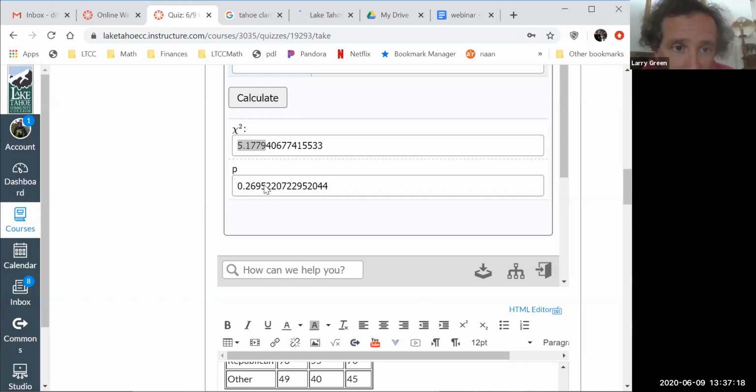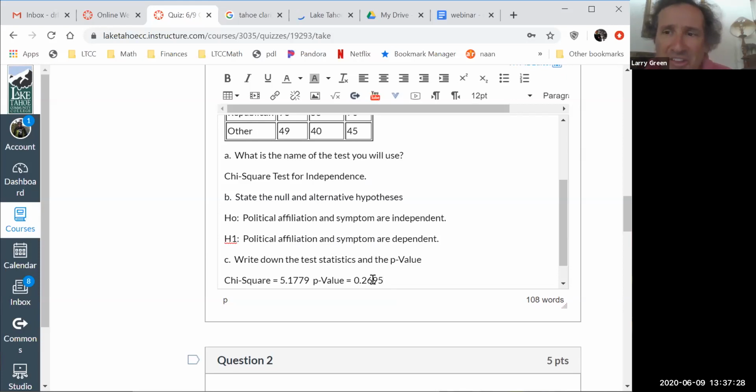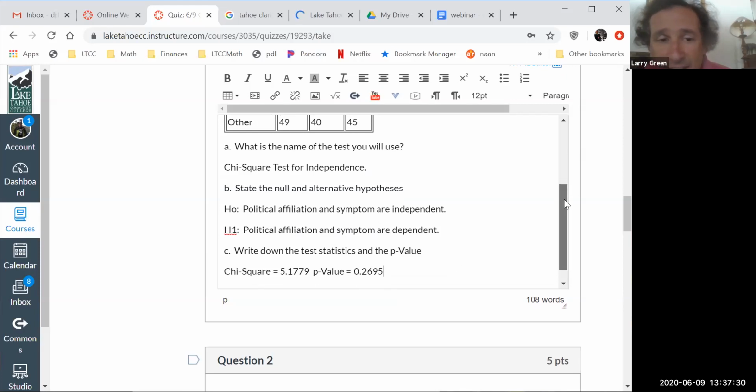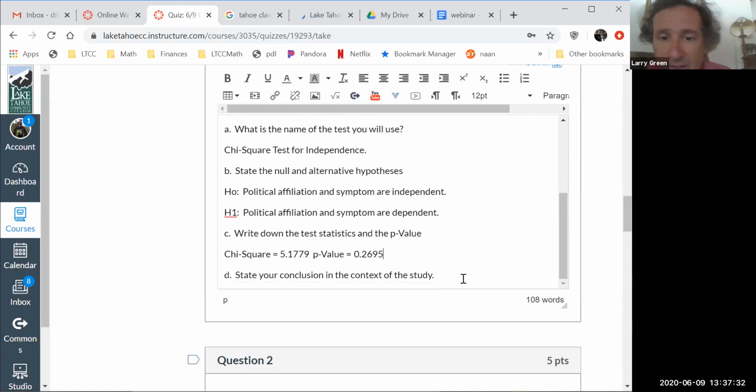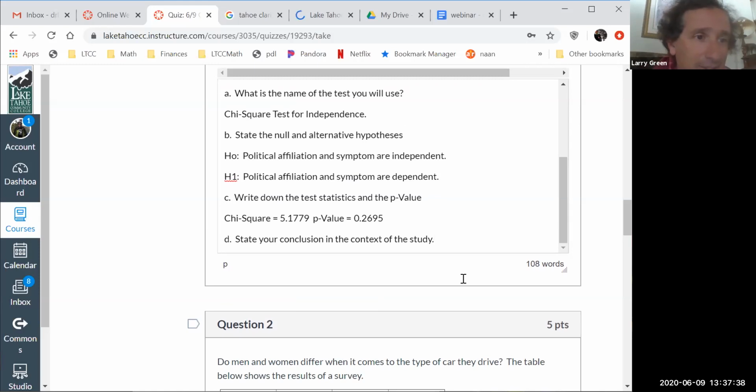And that was about 0.2695. Any questions at all on finding the test statistic and the p-value? I'm hoping that you're at the point where you've got this down.